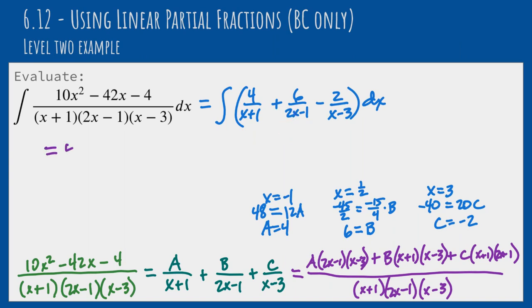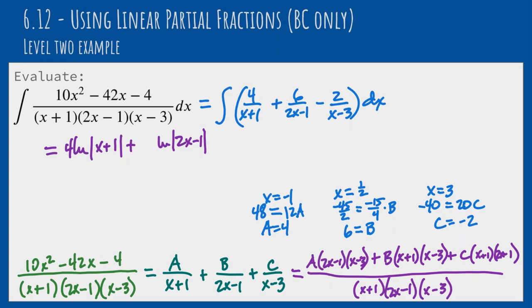So this is going to be 4 natural log of the absolute value of x plus 1, plus, so this one, we have the natural log of the absolute value of 2x minus 1. If we're thinking about taking the derivative to reverse our antiderivative, the chain rule says we're going to multiply by 2.